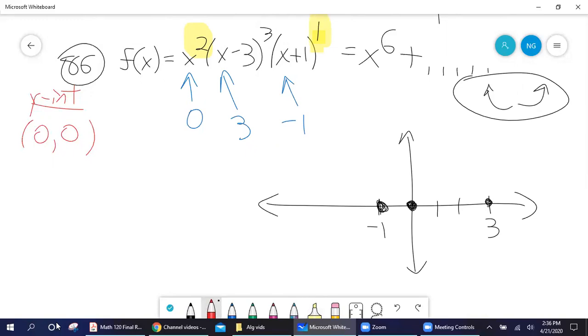So as I start this, I'm starting up high. I know I'm going to cross through the -1. 0 had an even multiplicity. That means I'm going to bounce off at 0. 3 had an odd multiplicity, which means I'm going to cross through at 3. And I ended up rising to the right, just as I thought I should.